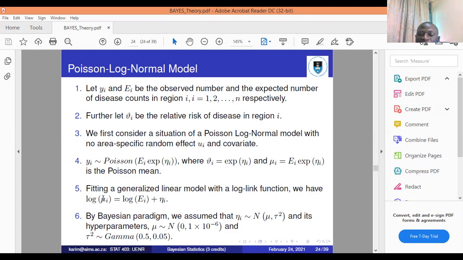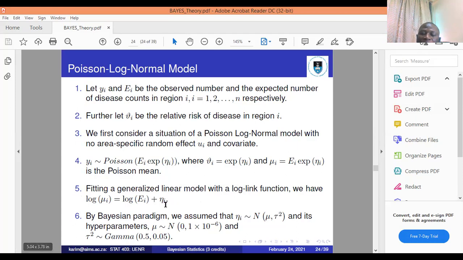That is the ln of the expected cases, and then the ln of the exponent of this is just eta. So this eta is in fact equal to beta naught plus beta 1 x1 plus beta 2 x2 plus beta 3 x3 and so on.